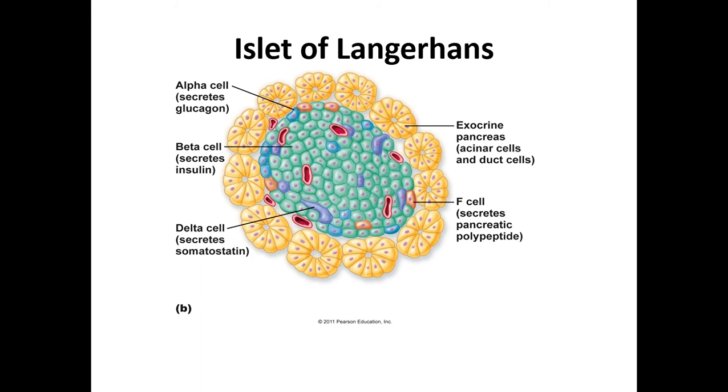Towards the islet, we have the three types of cells: alpha cells towards the exocrine pancreas, which secrete glucagon, and towards the middle, we have the beta cells, which secrete insulin, and scattered along the alpha and beta cells, we have the delta cells which secrete somatostatin. So you can see the different colors of the different cells composing the islet of Langerhans.